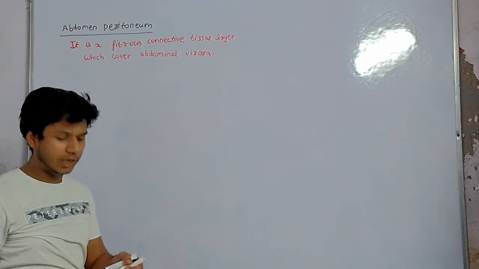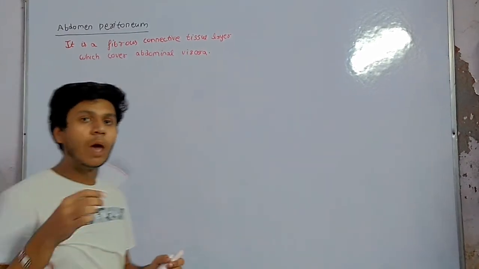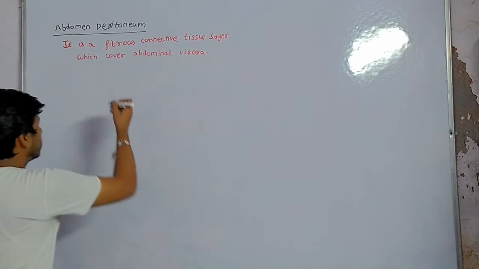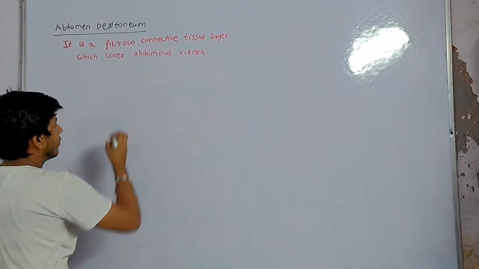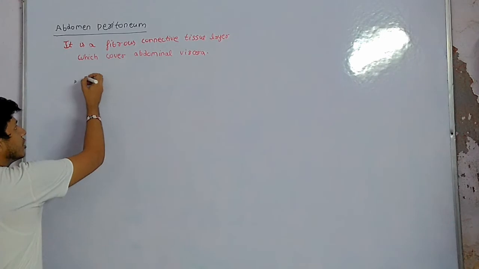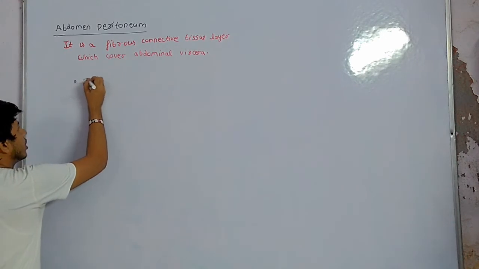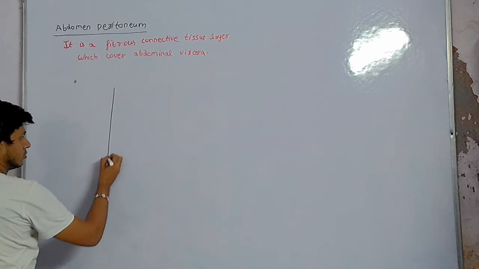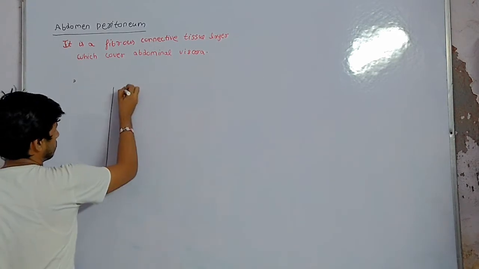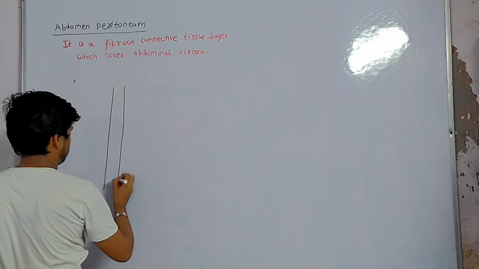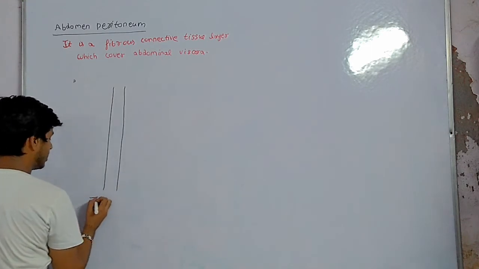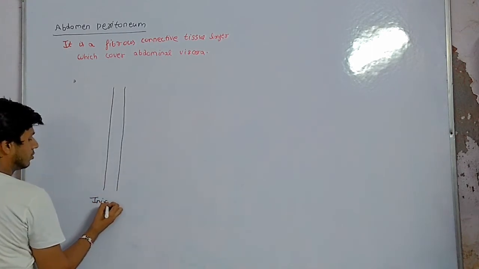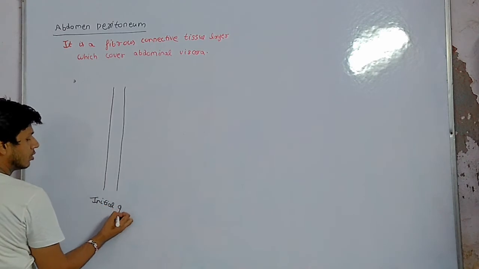But how does it cover? We go to embryology. Let's say this is the initial gut tube.